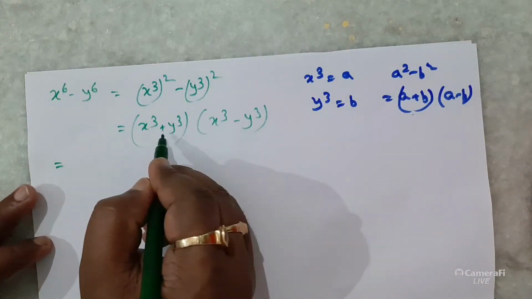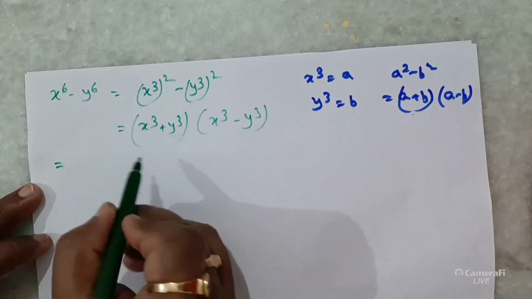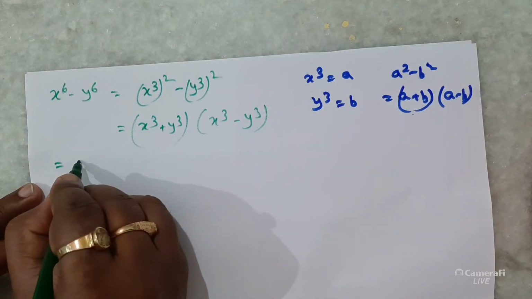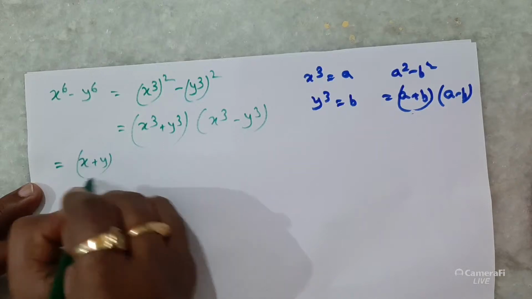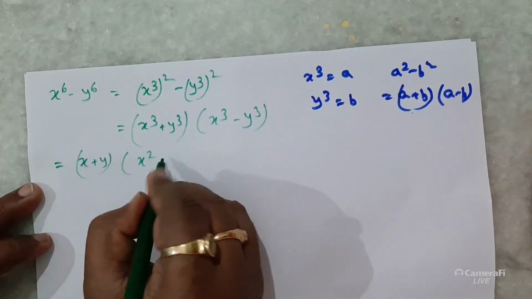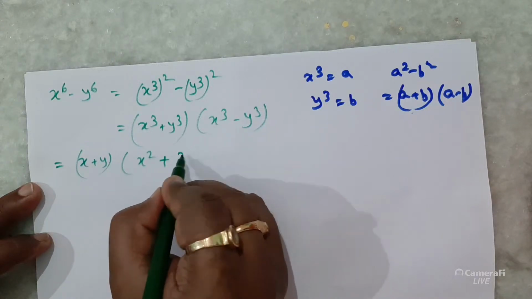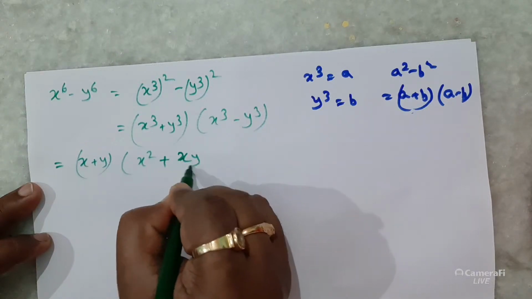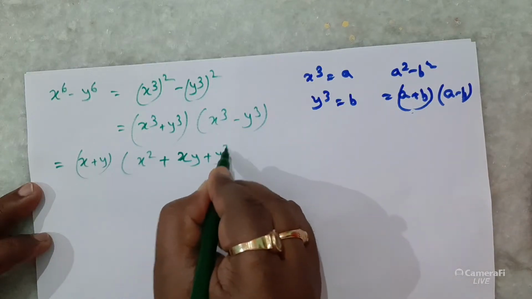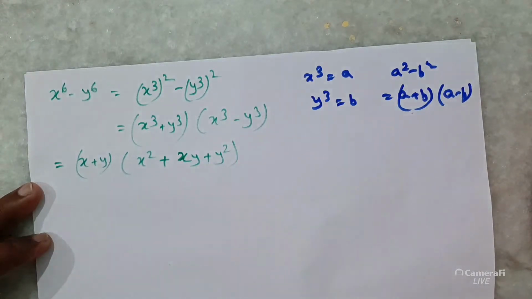Okay. So x cube plus y cube. What is the formula of x cube plus y cube? x plus y into x square plus xy plus y square. Is it correct? Tell me.